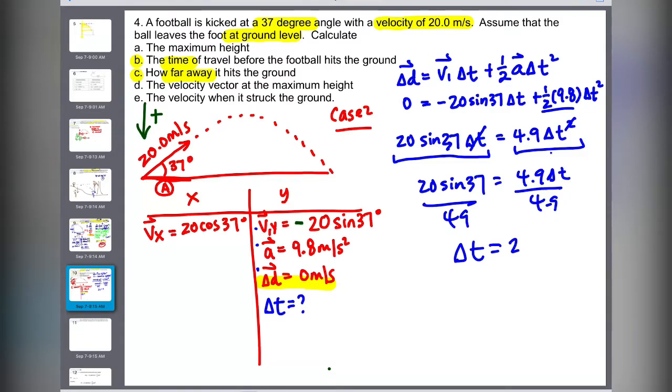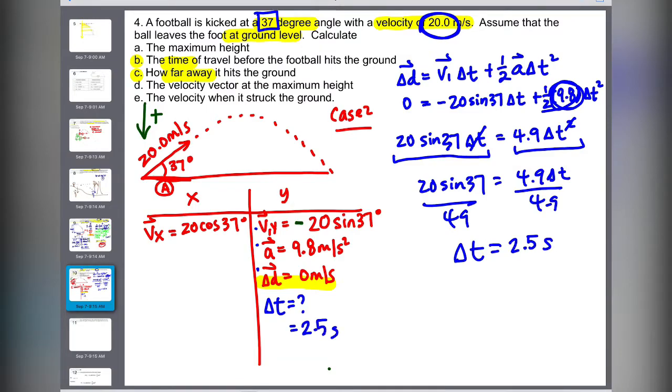Okay, take a look at your sig digs. I have 3 significant digits with the 20. I have 2 with the 9.8, so I'm going to keep 2 sig digs. Keep in mind, angles we don't count in the sig digs, only the values. So I have 2 sig digs, so 2.456 rounds to 2.5 seconds.